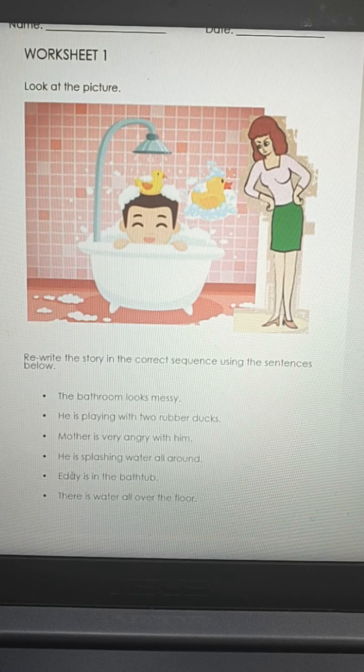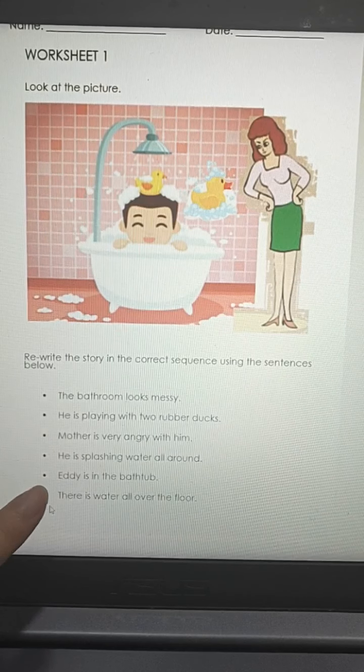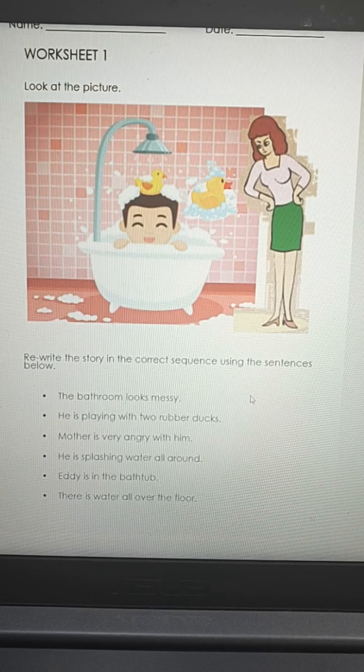So the first one should be Eddie is in the bathtub. Can you write number 1 here? Just beside the bullet point, write number 1 here. Okay, so first one, Eddie is in the bathtub. Which one is the second sentence? The second sentence should be, he is playing with 2 rubber ducks.